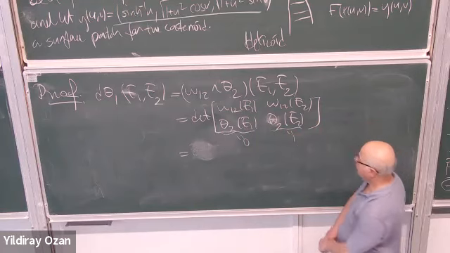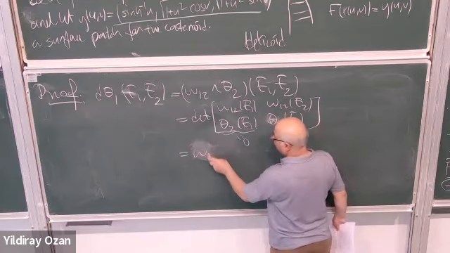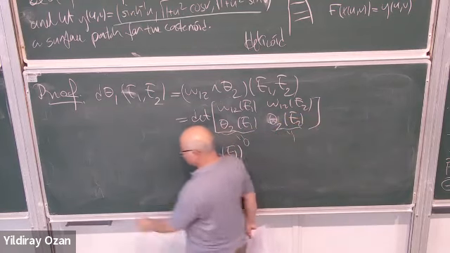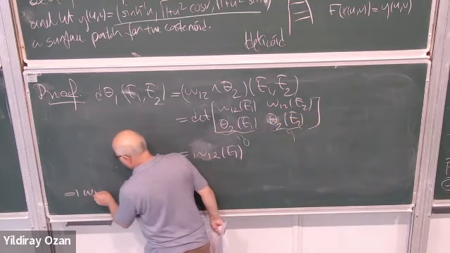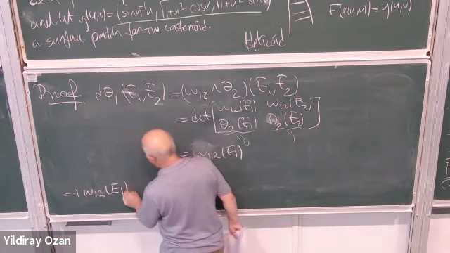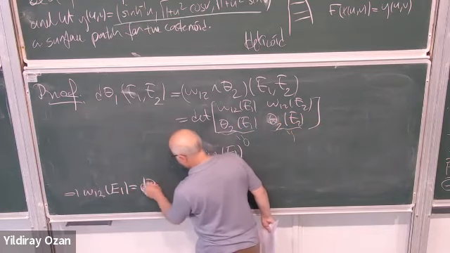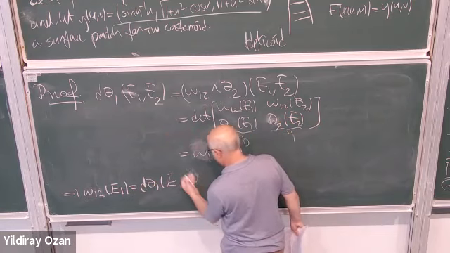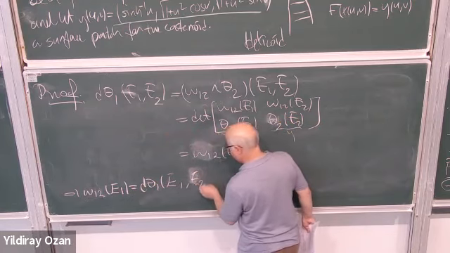So the result is just W12 of E1. So the conclusion is that dθ1 of E1, E2 equals W12 of E1.